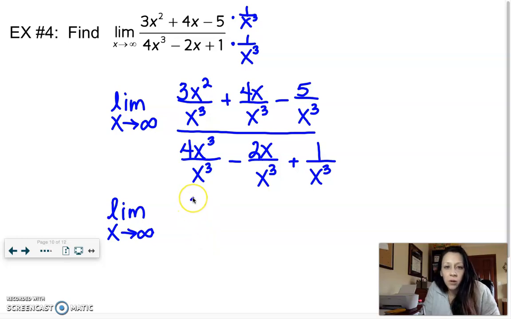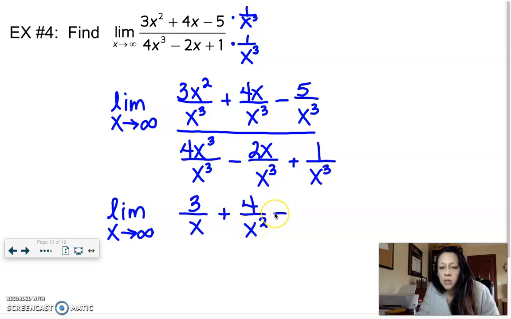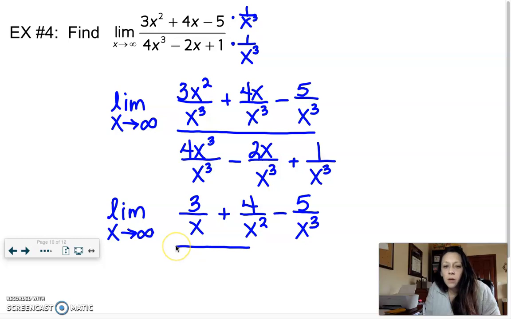So if I simplify, I'd have 3 over x plus 4 over x squared minus 5 over x cubed. And then the bottom would be a 4 minus 2 over x squared plus 1 over x cubed.